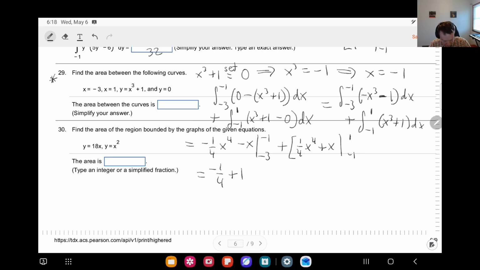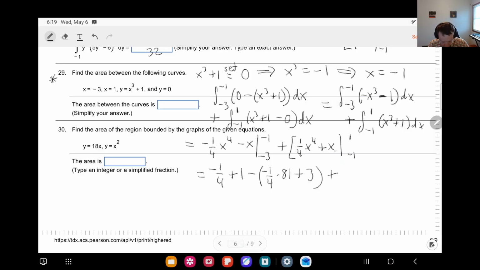Now, -3, we plug in. It's minus that. So -1/4, -3 to the 4 is going to be a positive 81. Think 9 squared. I'm not done yet. And that's minus -3, so plus 3.